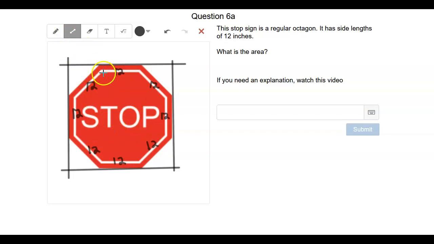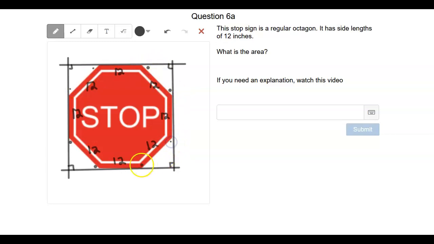Now, if this is a square, I know that each one of these is a 90-degree angle. Here's one of the theorems that we haven't really talked about this year: the exterior angles of any polygon, so these angles right here, all have to add up to 360.